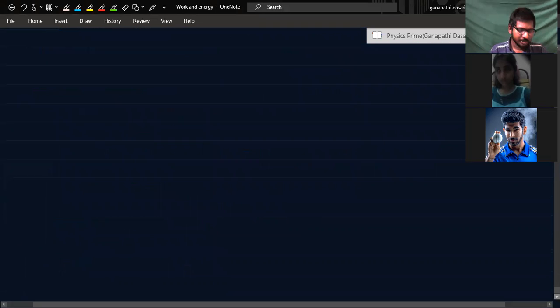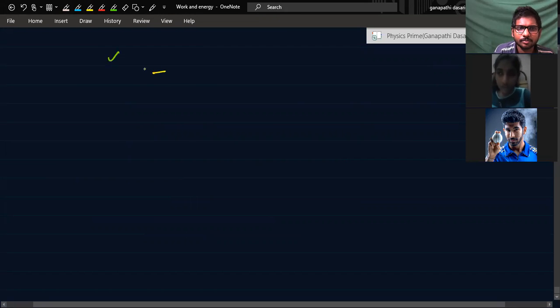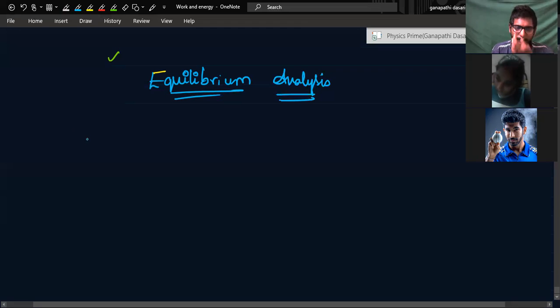Now, coming to the next part: we discussed potential energy and force, then the next thing is equilibrium analysis. What is needed for a particle to be in equilibrium?